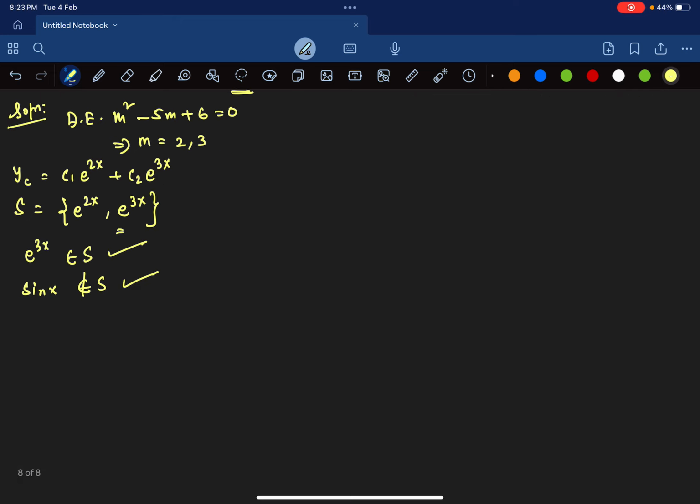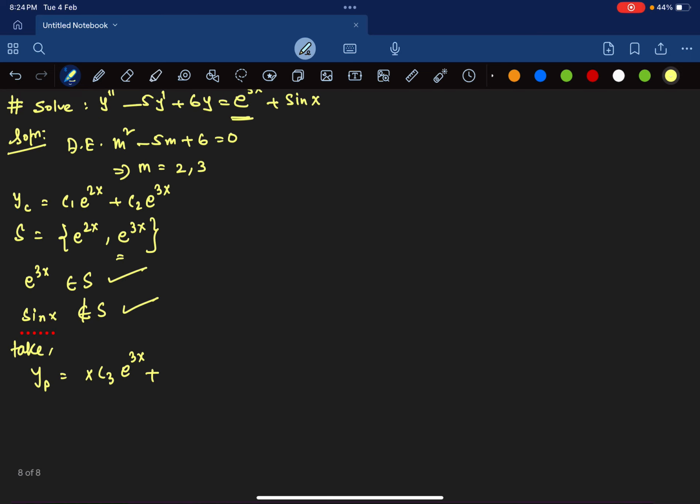So as it is present, we take yp as c3 e power 3x multiplied with x, plus sine x, which is not present, so c4 sine x. And as I have told you, sine and cos come together, so c5 cos x. This thing you need to take as yp.